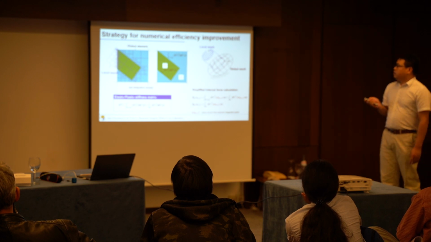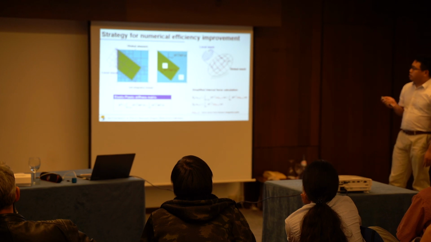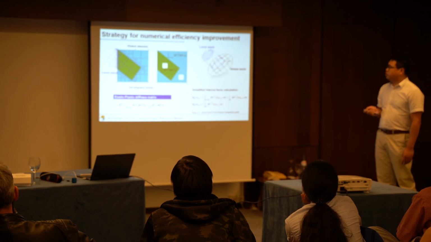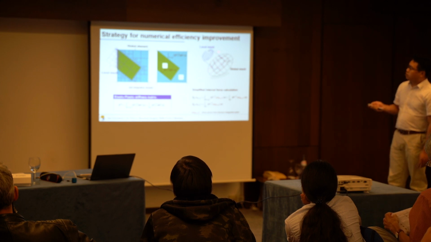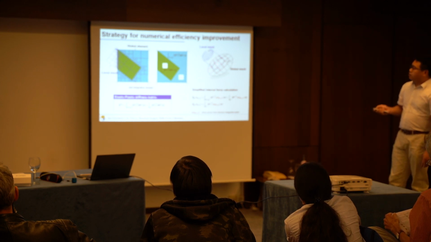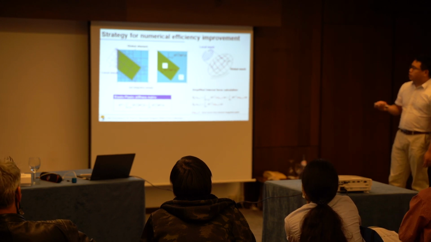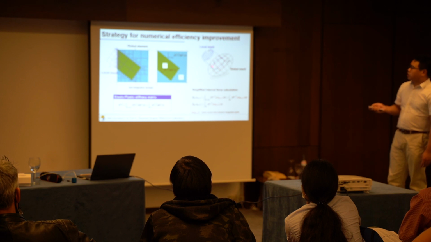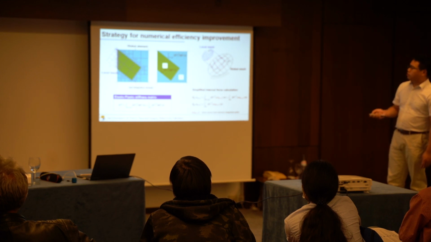With this strategy, the global elements can be categorized into three groups. The first group is global elements fully located outside of the local mesh, and then we only use this part, as in the standard finite element method, to calculate the stiffness matrix. For a global element partially located in the superposition zone, we use these two parts to calculate the stiffness matrix.